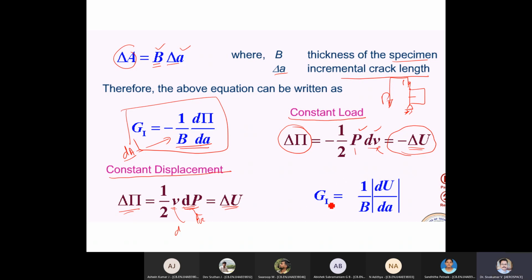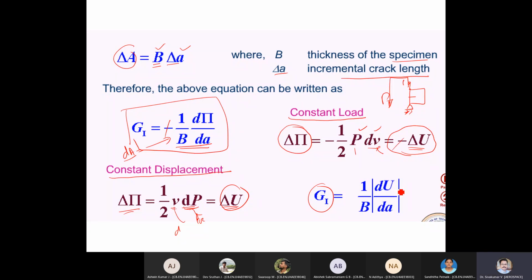So ultimately, what is G1? What is d pi? It is delta U. Especially in this constant load case, this minus and this minus get cancelled.